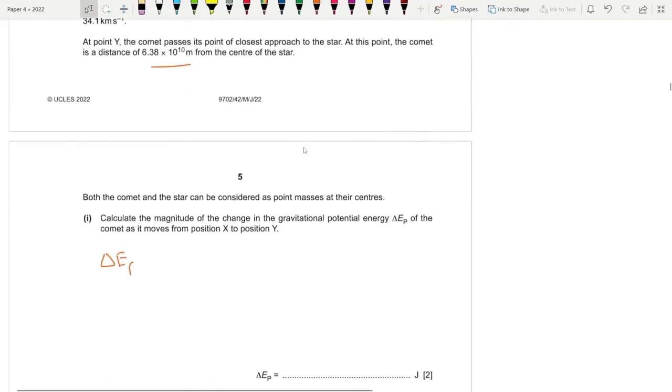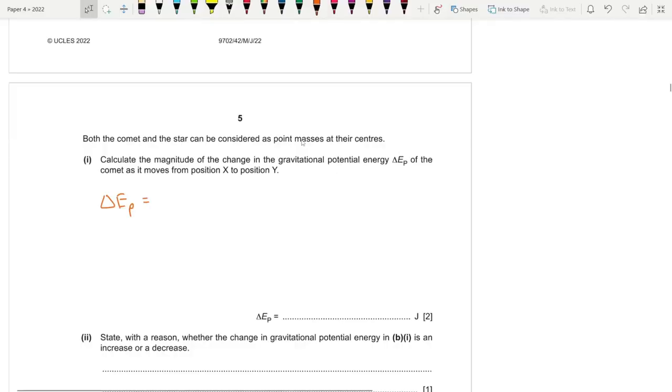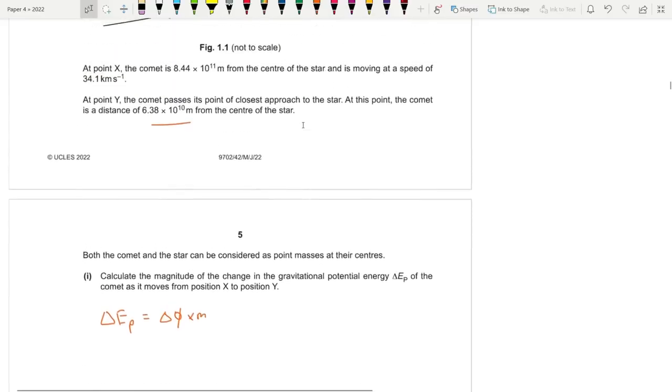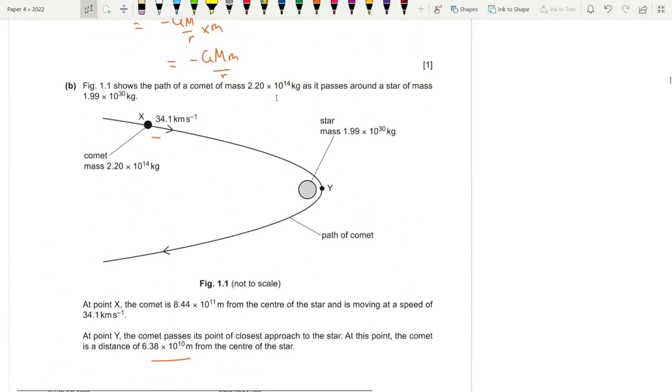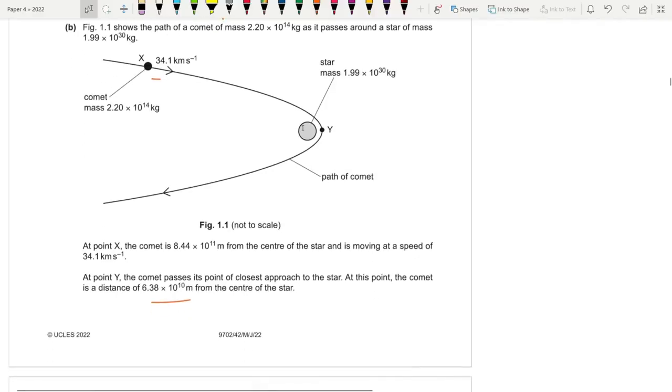So the change in gravitational potential energy is basically equal to del phi times m. Okay. So what's the final potential? The final distance is this. This is our final distance.